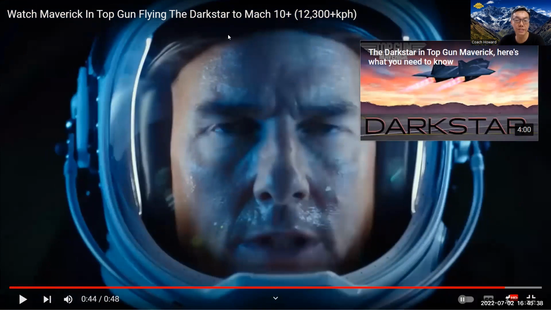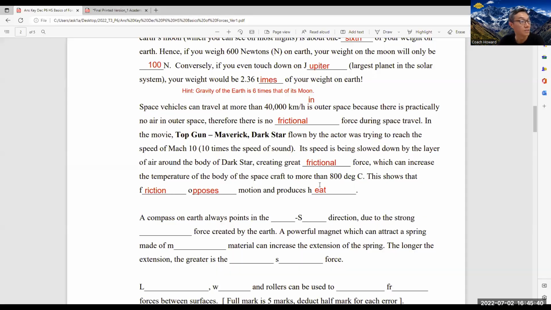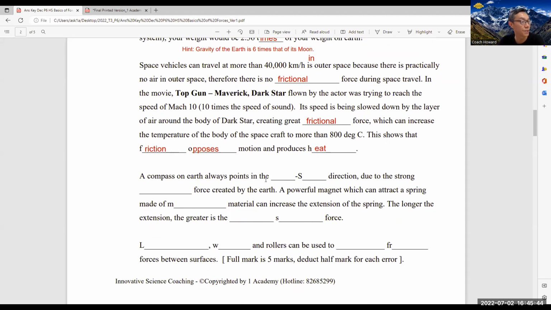So coming back to the question here. This is the answer for the Dark Star. Next, the compass on Earth always points in the north-south direction. That is magnetic force.